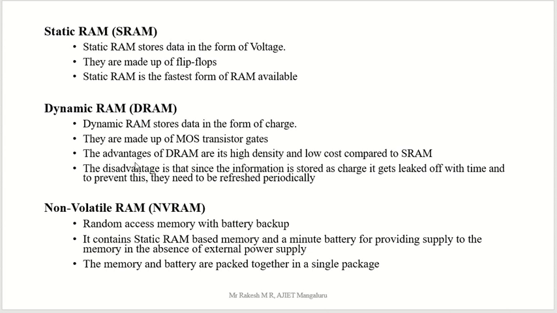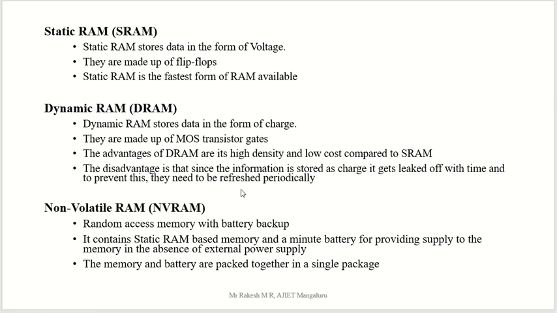That is the advantage, but there is a disadvantage. Since the information is stored as a charge, it leaks off with time, and to prevent this, they need a refreshing circuit. Here we are using capacitors, or MOS transistor gates. A capacitor charges and discharges. When you store data in a capacitor, it charges until peak, and once it reaches peak, it automatically discharges.